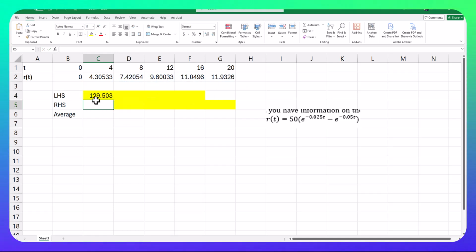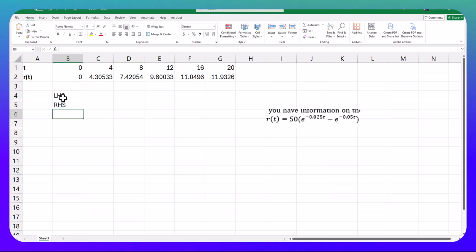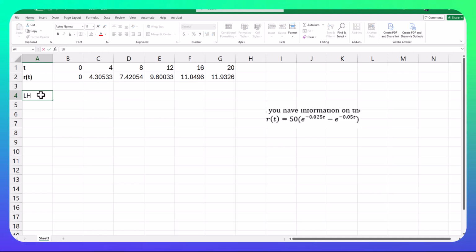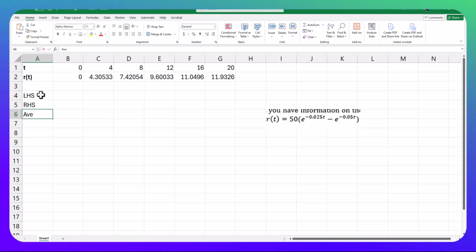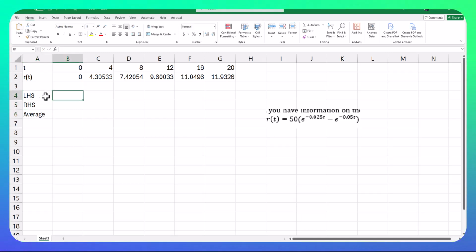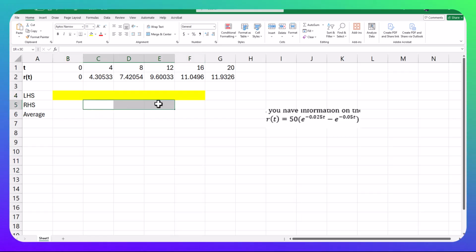Oops, you know what? Did I start at 0? No, I did not. That 0 threw me off. I know it won't make a difference, but let's be sure I'm doing this correctly. Let's do left-hand sum, right-hand sum, and average. All right, let's do this right the first time. So the left-hand sum are going to be these values, and the right-hand sum are going to be those values.